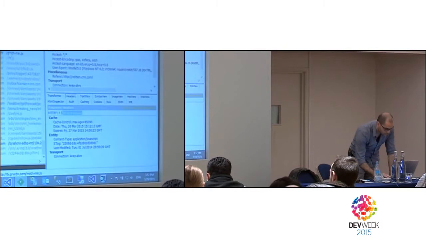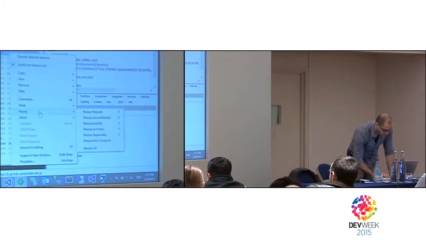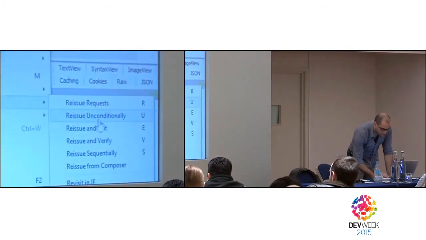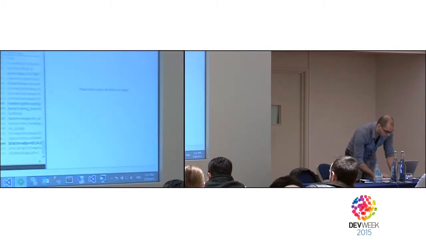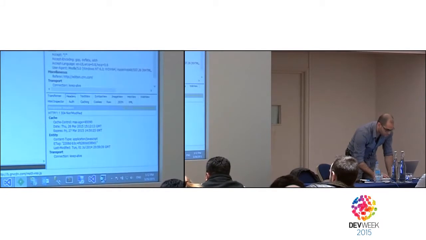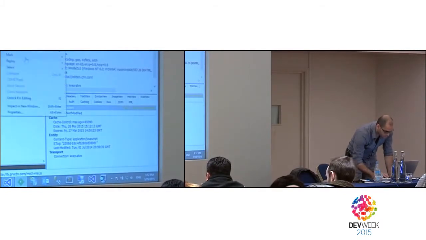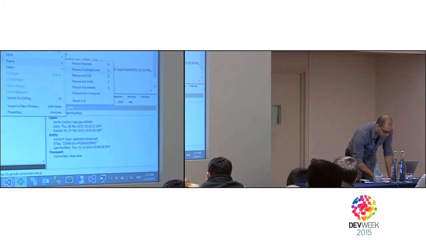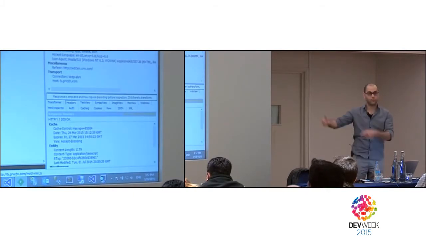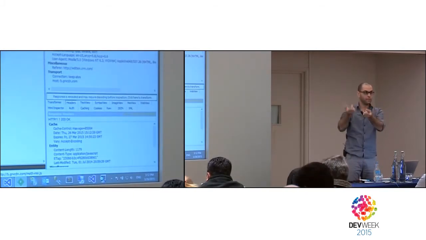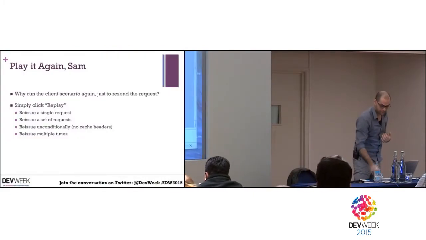So just right-click, replay, and in here you have the option of unconditionally. So before doing that, let's just clear all the other requests. Replay unconditionally, and here you go, and you can see the content. Okay, sending the same request just without all the headers, the caching headers at least.